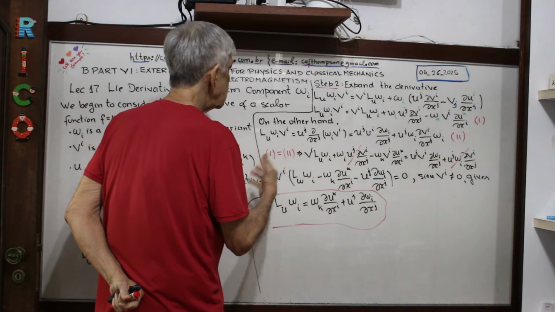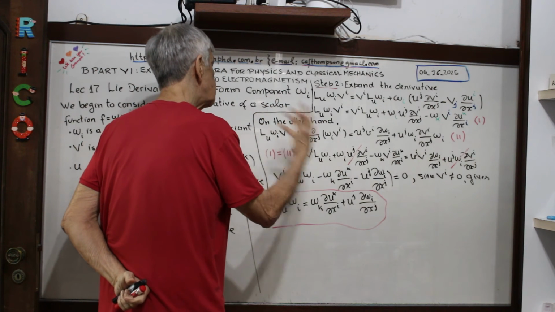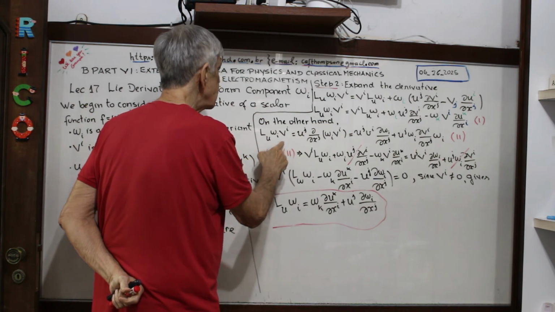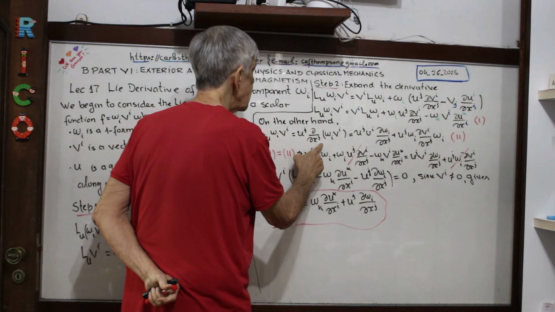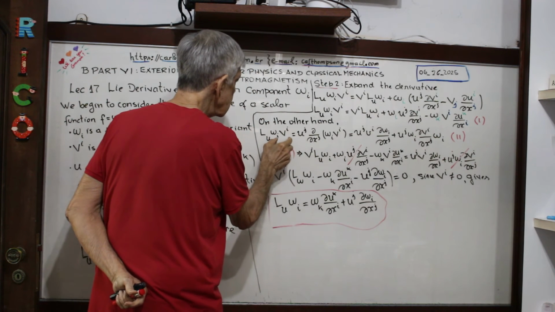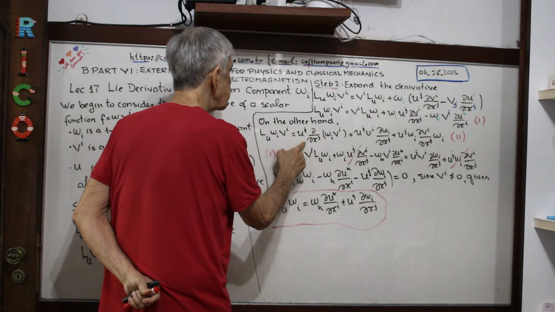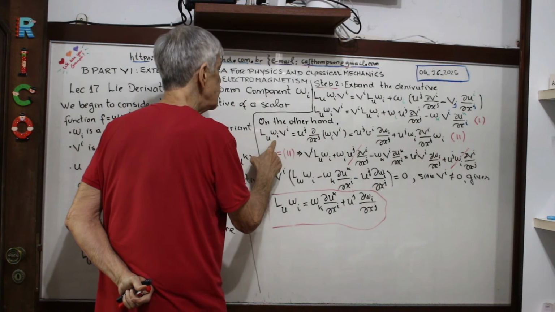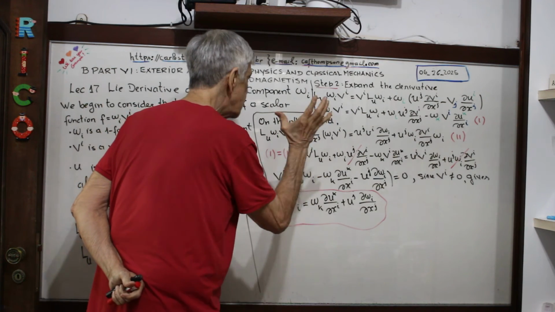Now, I can expand, on the other hand, the Lie derivative of this function f. This is u^j partial x^j of omega_i v^i. I just applied the definition of the derivative of u, L_u. That's quite easy.